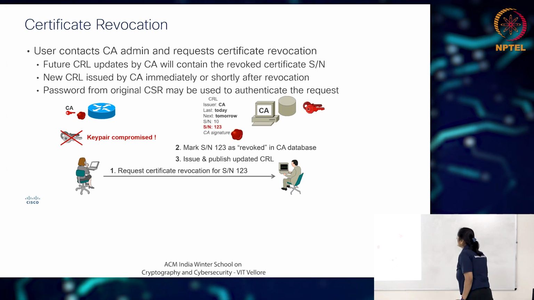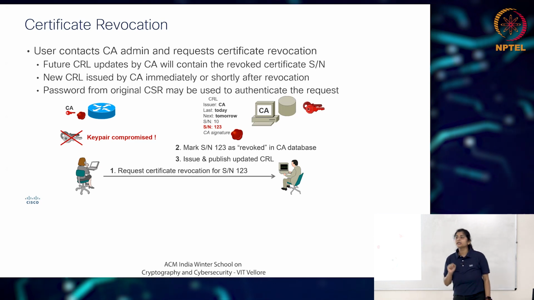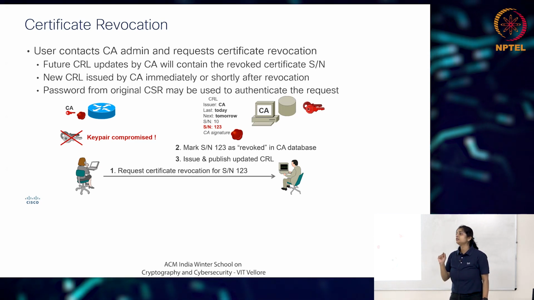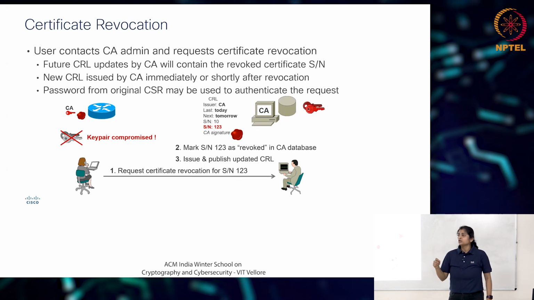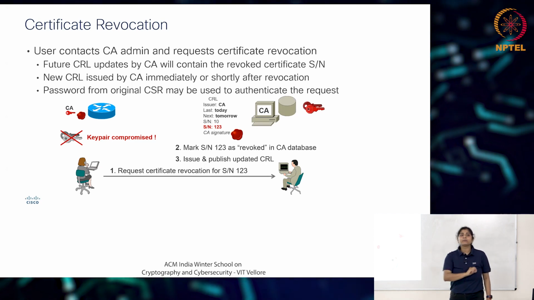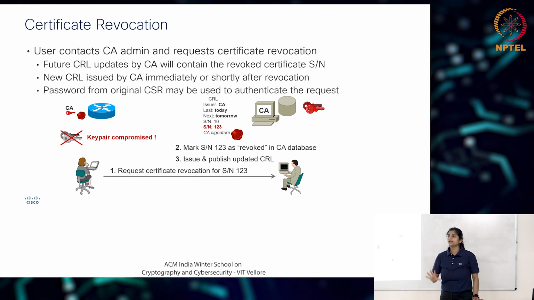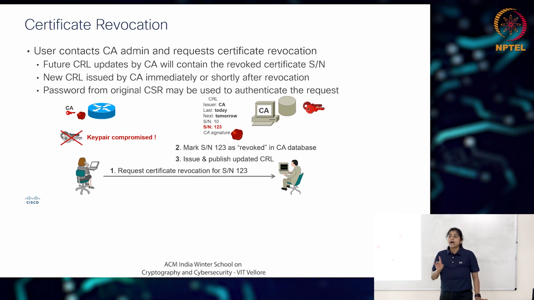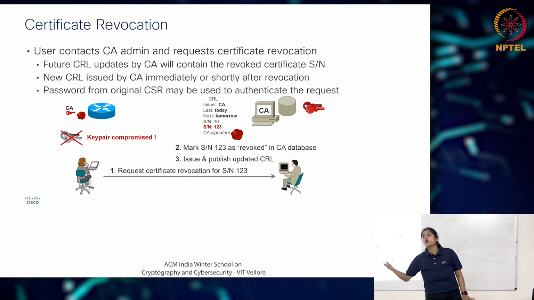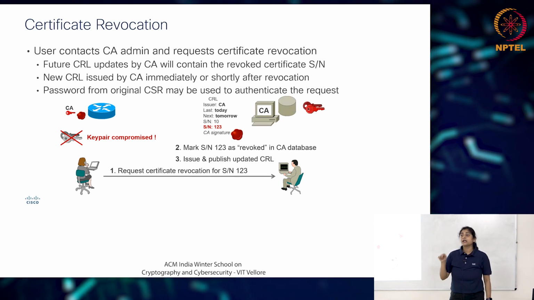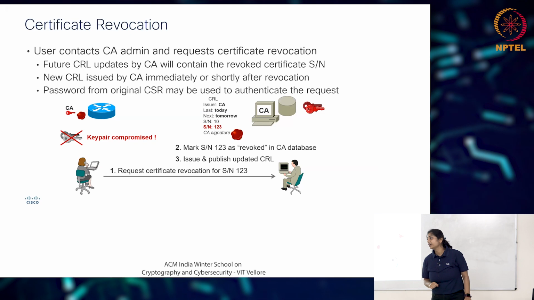Now, one bad thing about CRL is that CRLs are updated. It's a database, so it gets updated. So for example, I have a compromise today, my certificate got compromised. Until the next CRL update comes, which might be tomorrow, I will still have that compromised certificate in use.